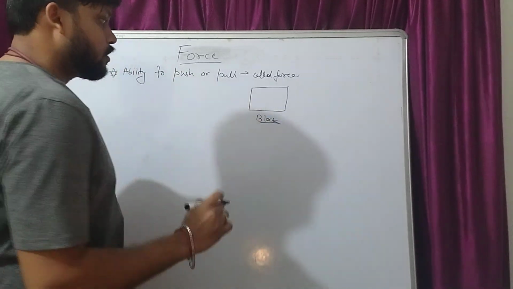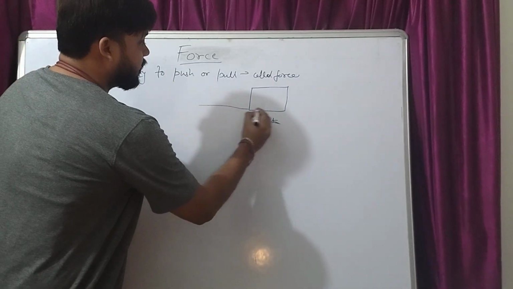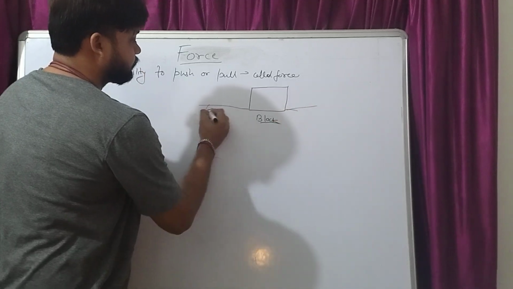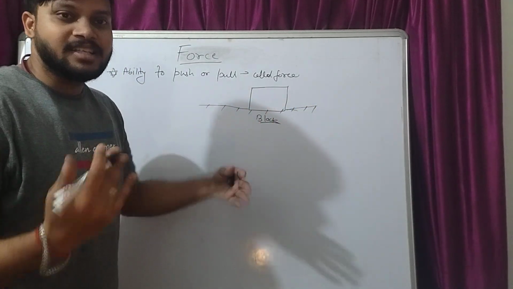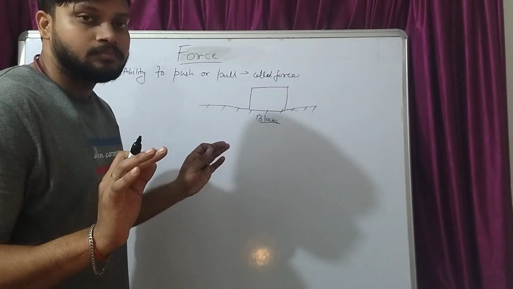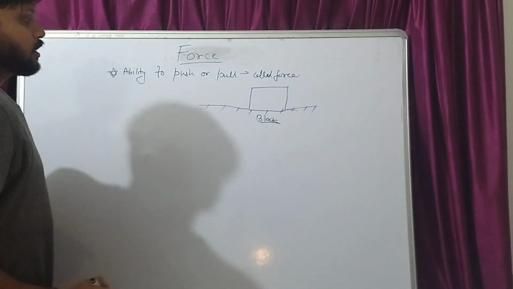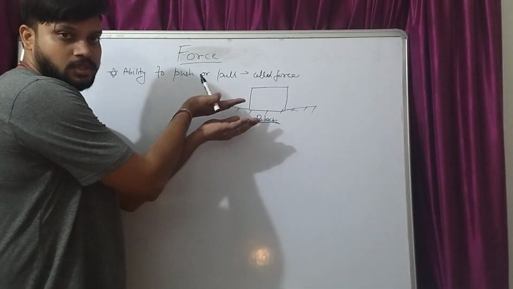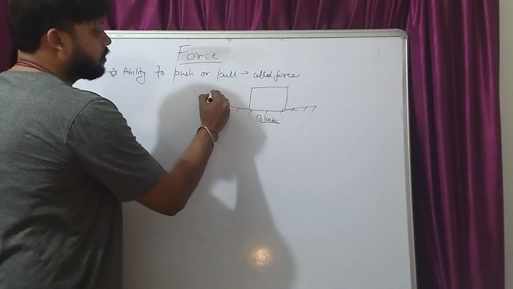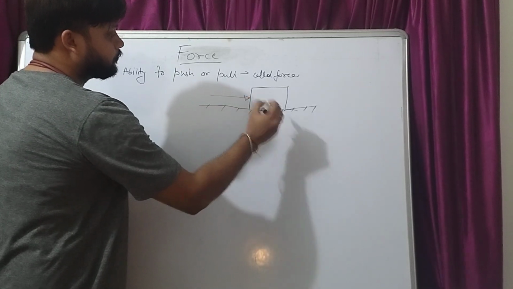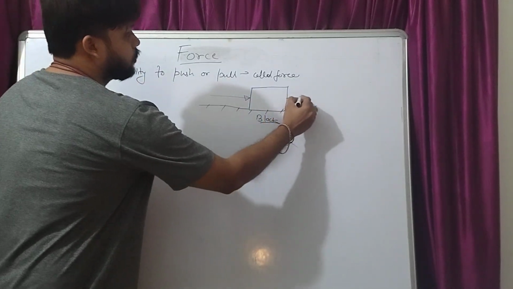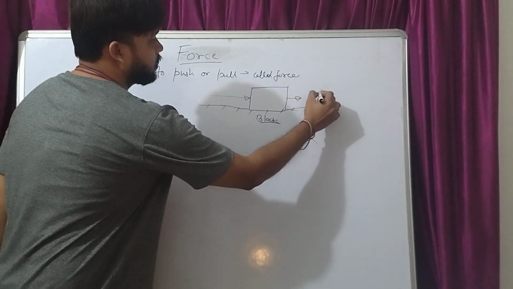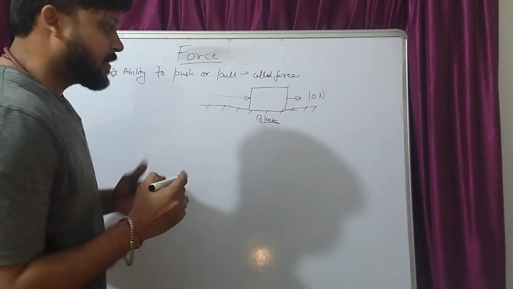Now, if it is lying on the surface, it is static, it is not moving. So if we want to keep it in motion, what will we do? We will apply force here. Suppose a force of 10 Newton is applied here, then what happens?